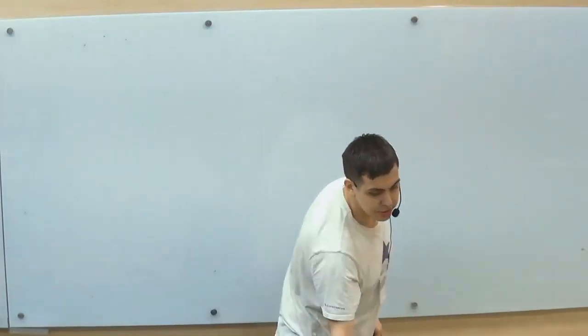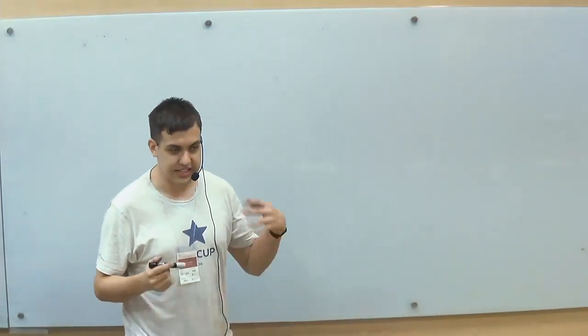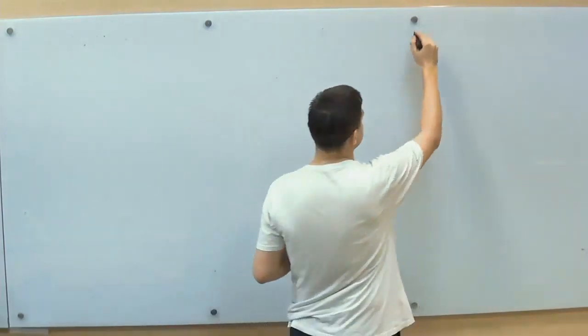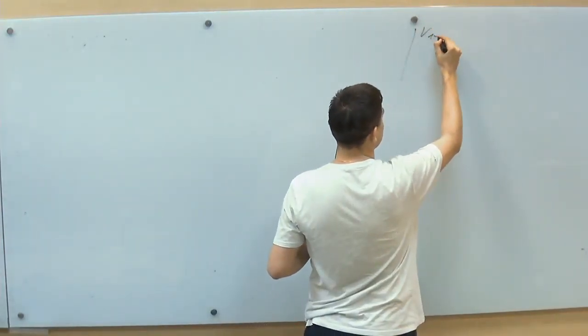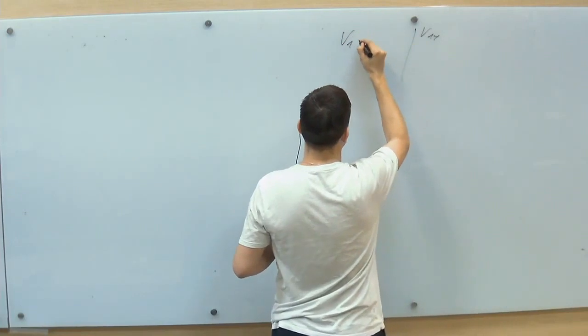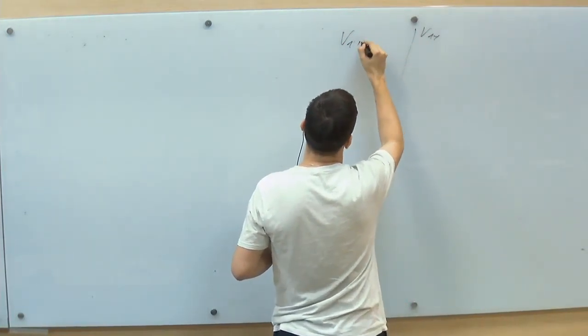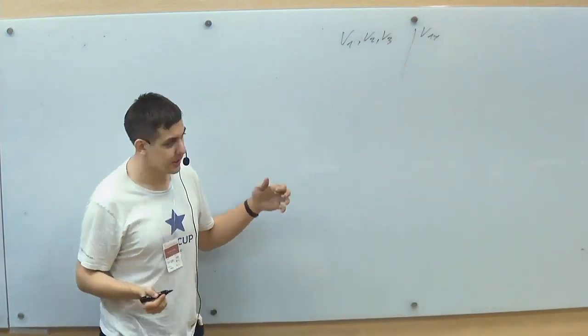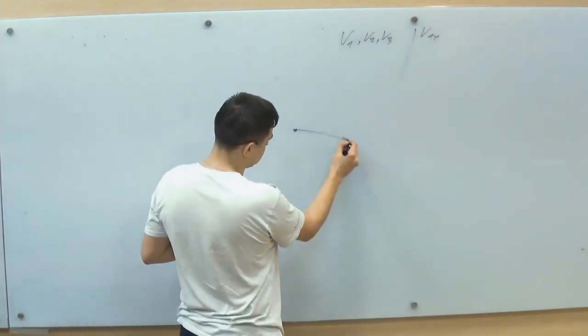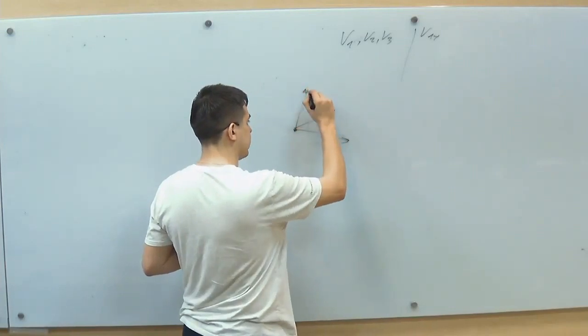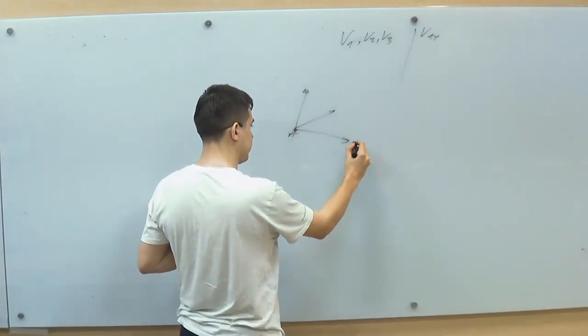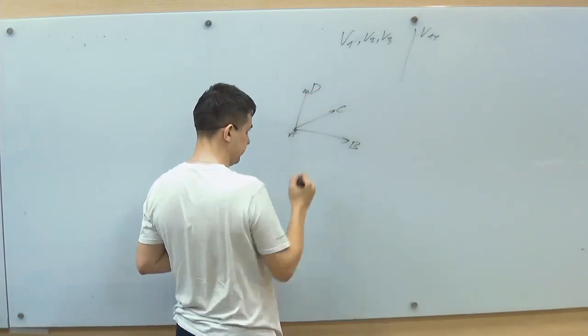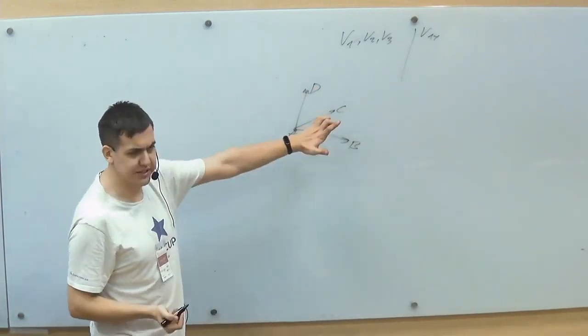And there's a notion of a signed volume. If we have three vectors, v1, v2, and v3, or we have 4 points A, B, C, and D, and we draw all three vectors. So consider this to be 3D.